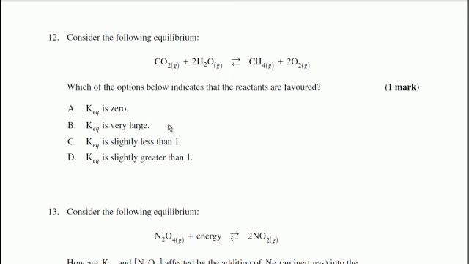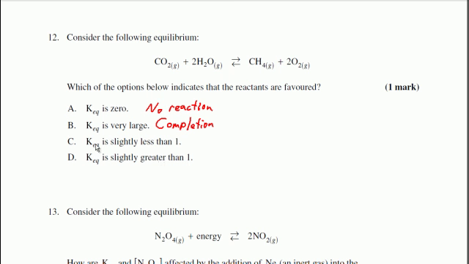So again, if it's a really, really big number, like a number that's approaching infinity, that suggests that this reaction has gone to completion. Now for this reaction where KEQ is 0, no reaction occurred, because it suggests that the products have a concentration of 0. So nothing happened.